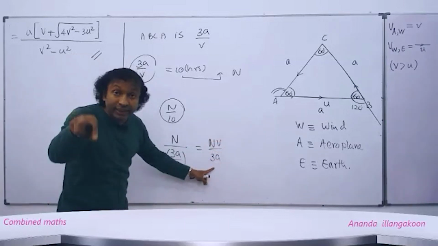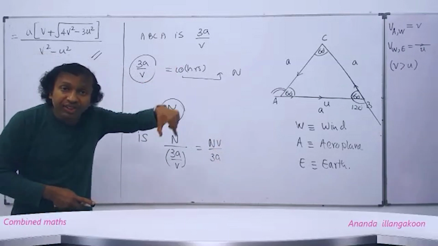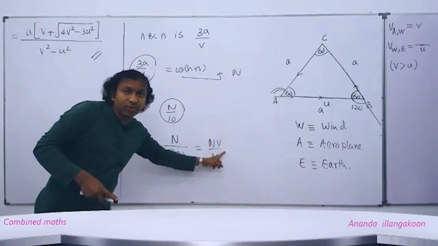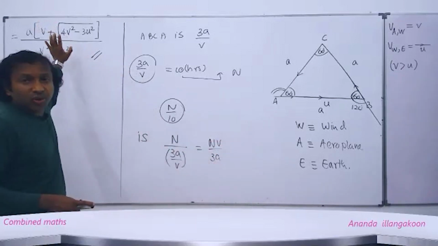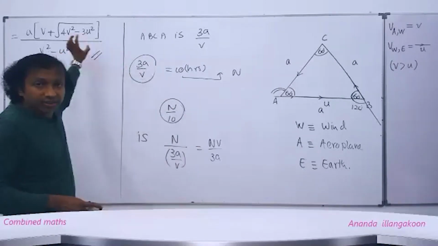This is the number of liters of fuel required per hour, people. But on this particular day, the number of hours the aeroplane has taken to complete the journey is this. For 1 hour, this is the number of liters required. Then for this number of hours, the number of liters of fuel required can be calculated. Multiply this by this.